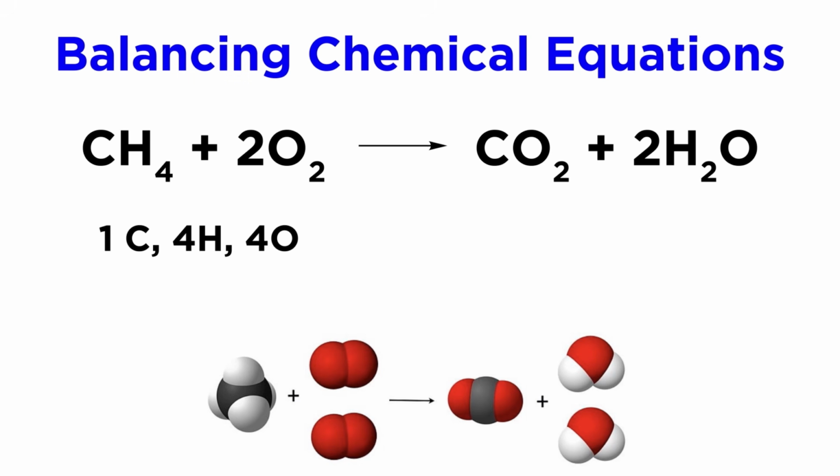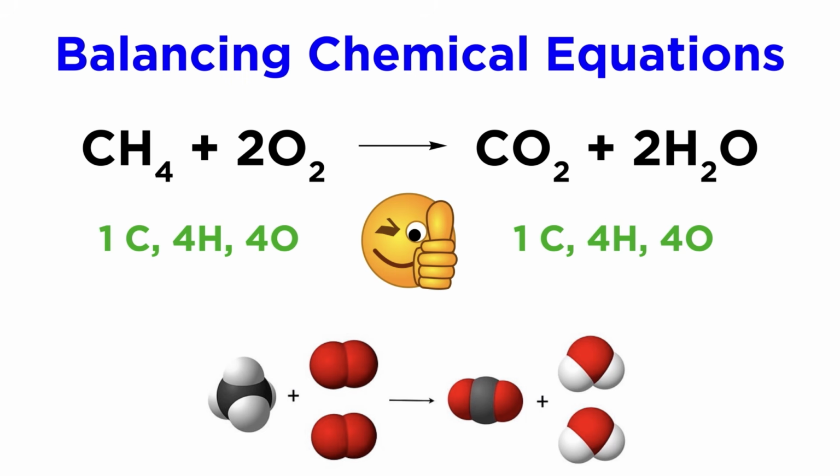Now looking at the product side, we have 1 carbon here, we have a total of 4 hydrogen atoms, because each water molecule has 2, and there are 2 water molecules, and we have 4 oxygen atoms, 2 from CO2, and 1 from each water molecule. Since we have the same number of atoms of each element on both sides of the equation, this equation is balanced. For any unbalanced equation, these coefficients must be determined in order to perform most types of quantitative calculations about the reaction.